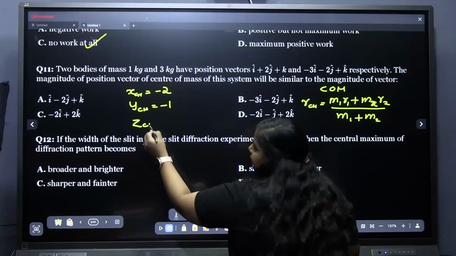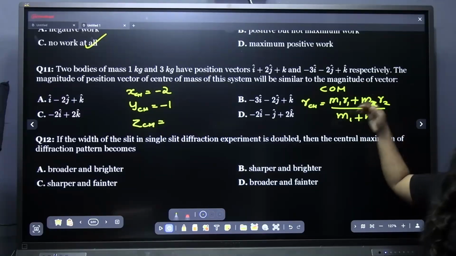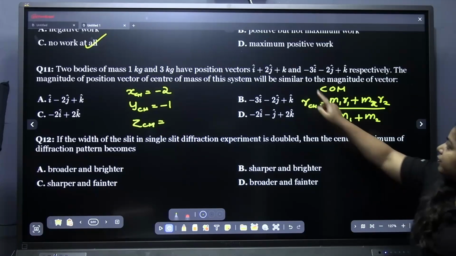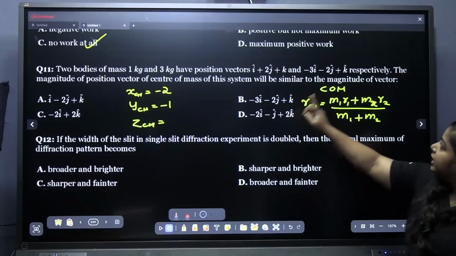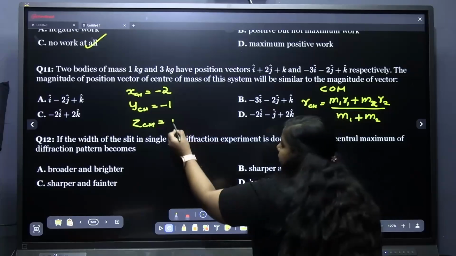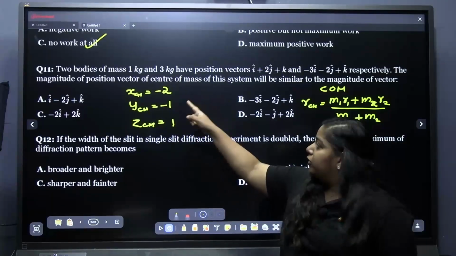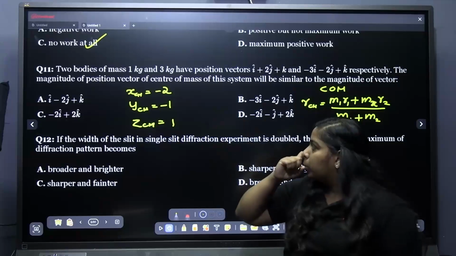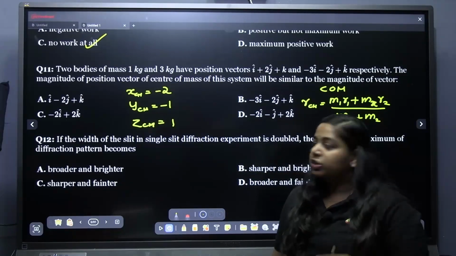And zcm will be equal to m1 z1 plus m2 z2 by m1 plus m2. That will be 1 into 1 plus 3 into 1. 1 plus 3, 4. 4 by 4, 1. So if we are taking the magnitude, individual components should be like this: 2, minus 1, 1, or 2, 1, 1 should be there.